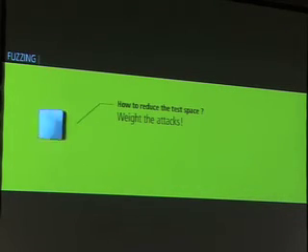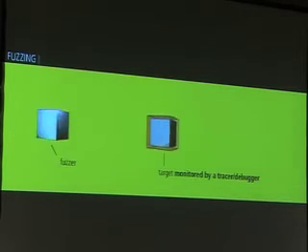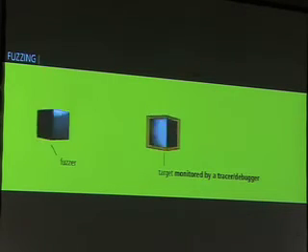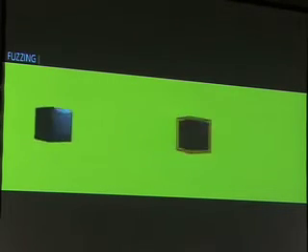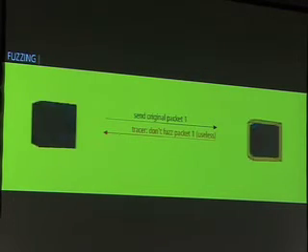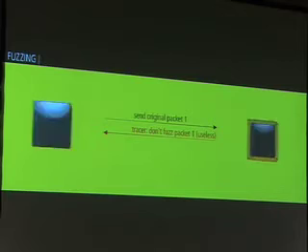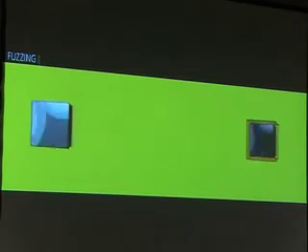How to do that? For example, by using weights, weighting the attacks. We have a fuzzer and a target. This target is monitored by a tracer debugger. In this case, imagine you send an original packet dumped with a sniffer or whatever. If this tracer is able to say, no, don't fuzz this packet, it's useless to try this one, at least at the beginning.